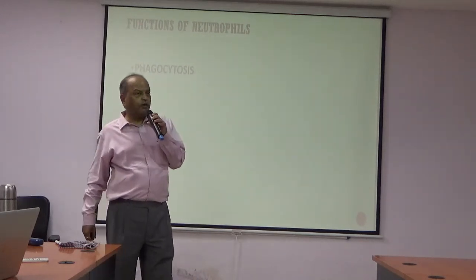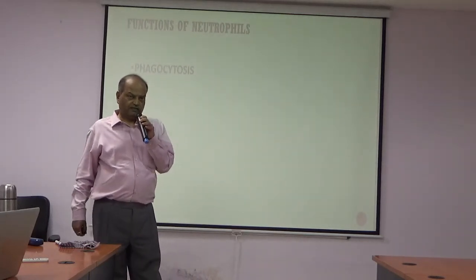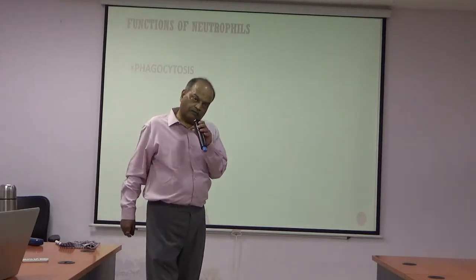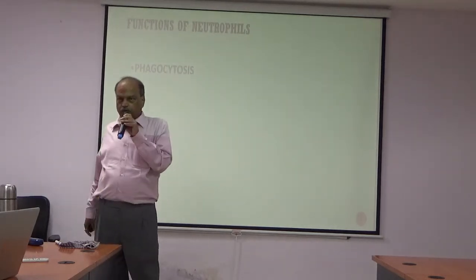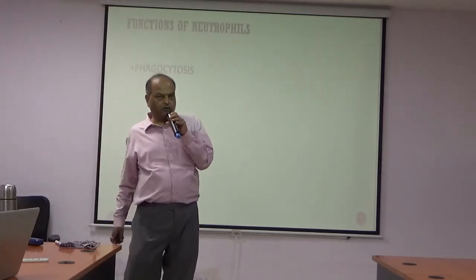The source of all these interleukins is generally the T cells or the macrophages, and they have an effect on the bone marrow, which ultimately results in leukopoiesis.